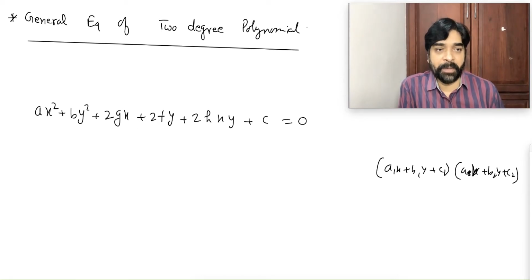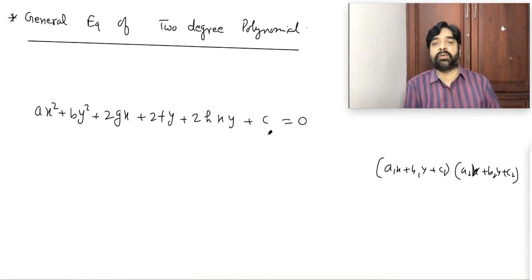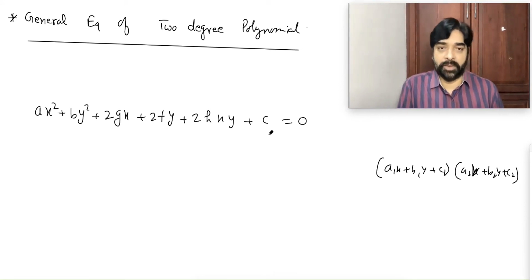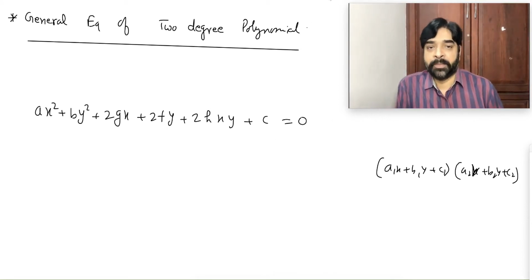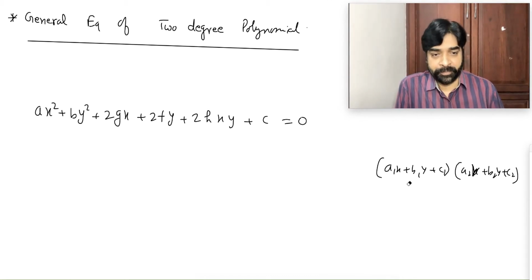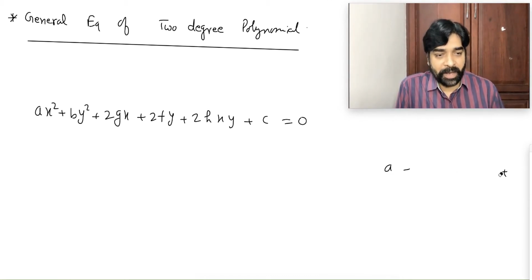Because if you multiply, you will get an x square term, an xy term, an x term, a y square term, a y term, and a constant term also. That is what is coming. This is called the general equation of a two variable quadratic equation. So this is why we are studying here.